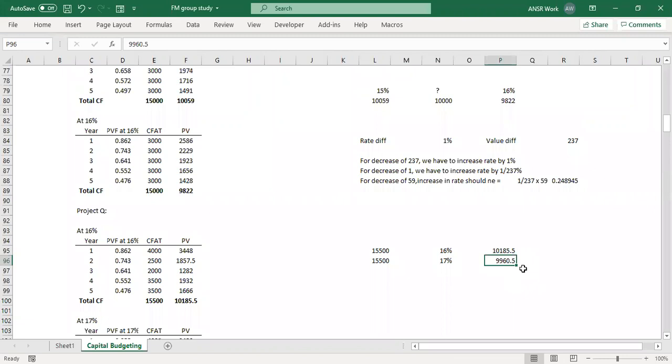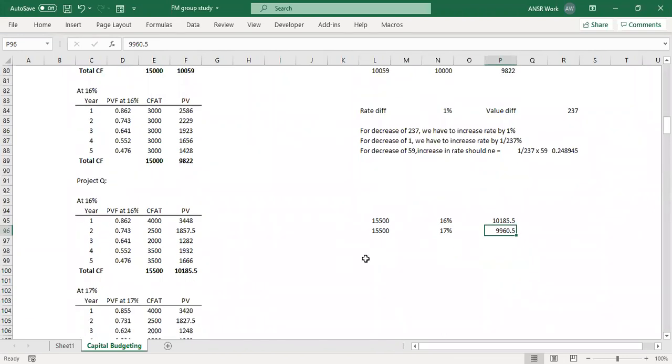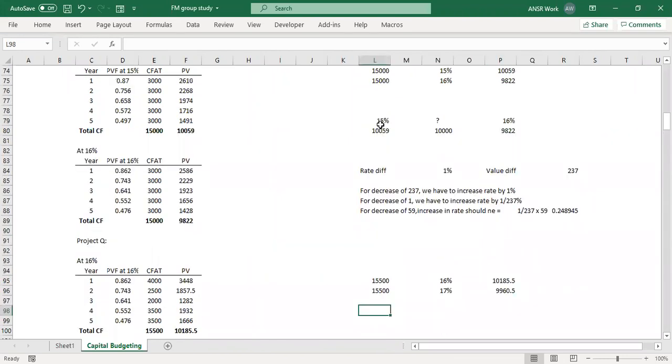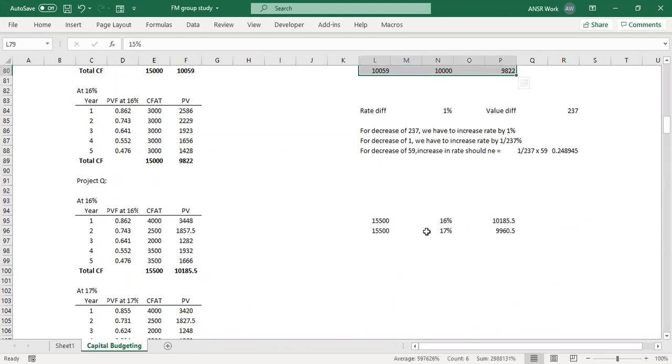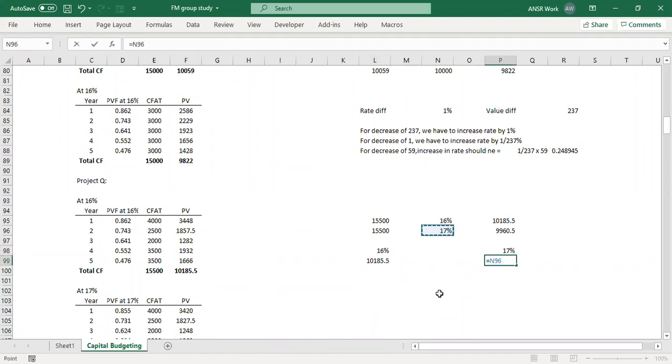Now, if I write that in the form of AOB, like Sel was mentioning, or in this form that we had written, at 16% the present value is 10,185. For 17%, the present value is 9,960. We are trying to find out 10,000. That should be the question mark. What is the rate in order to get the present value of 10,000?